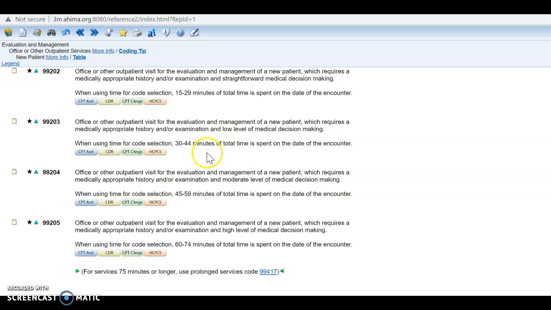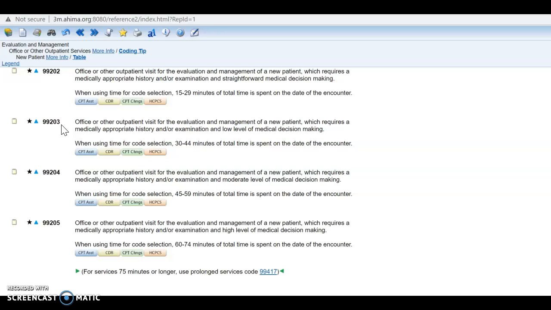So when the doctor states I spent 35 minutes with the patient, it was a low level medical decision making. Okay, I'm not saying you will, but possibly if you had to write down a code, you would put down 99203. All right, now keep in mind, last unit, you worked on diagnosis codes.